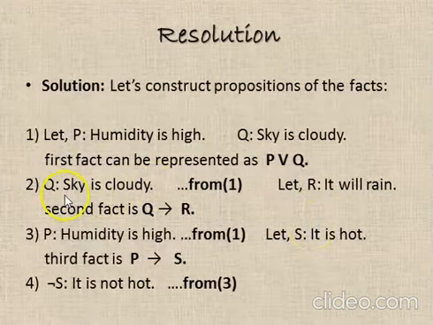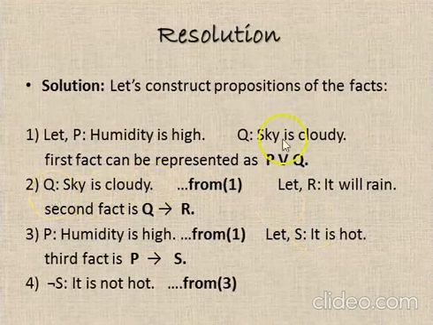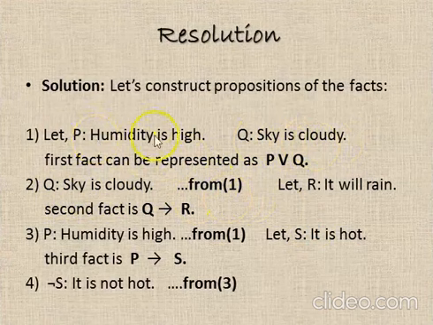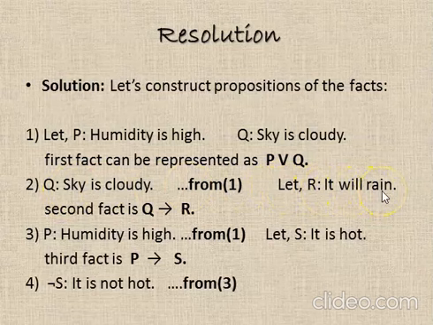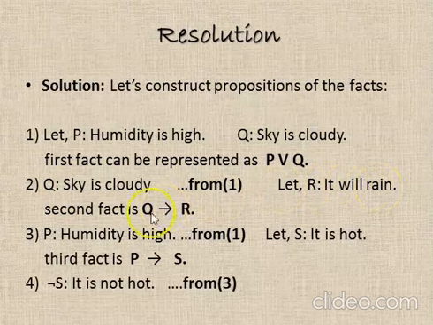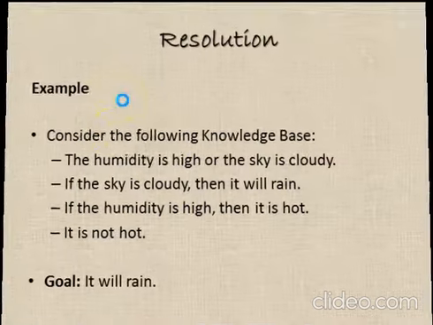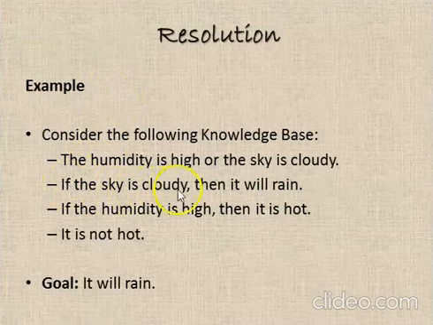Then we already have Q as the sky is cloudy from this first step. Then let R be the statement it will rain. So R is assumed as it will rain. Then the second fact, what was the second fact? If the sky is cloudy, then it will rain.